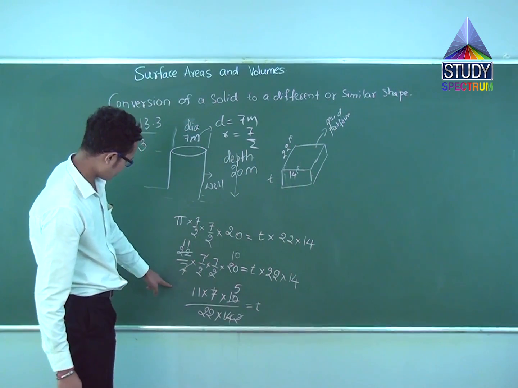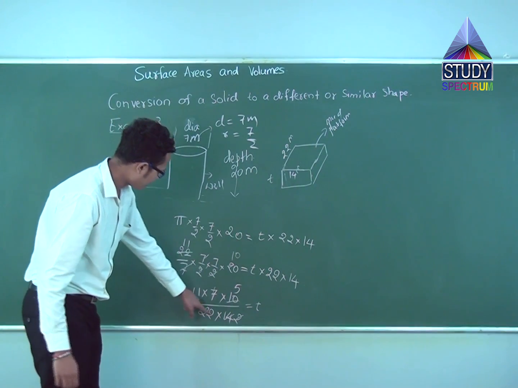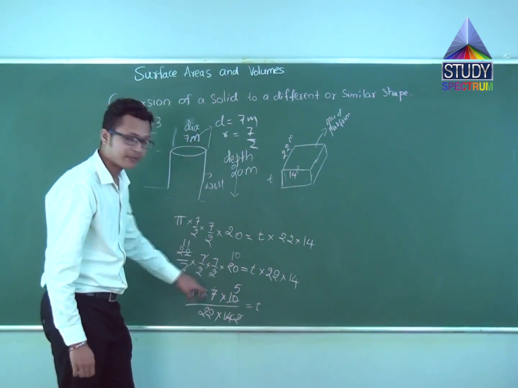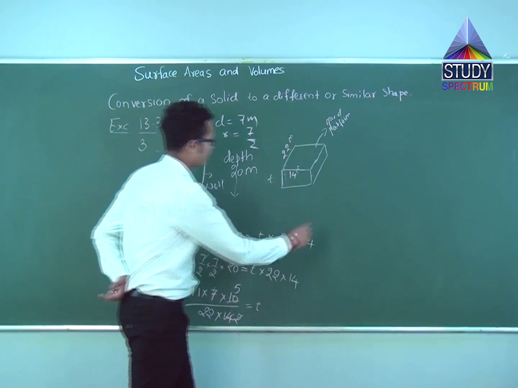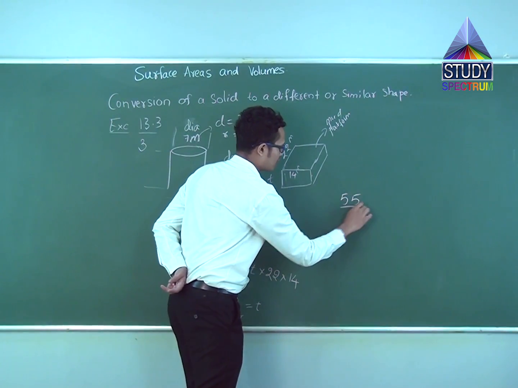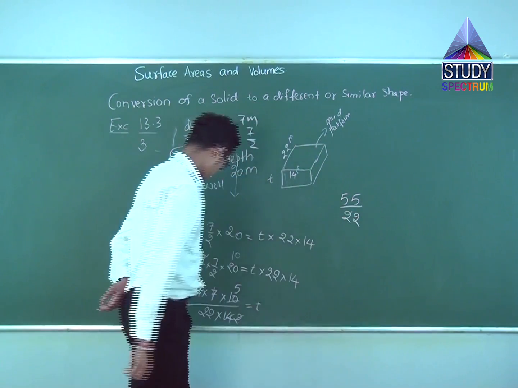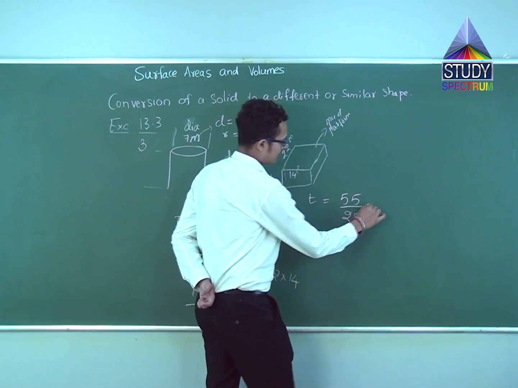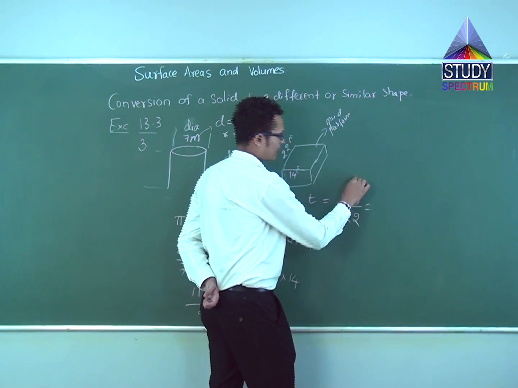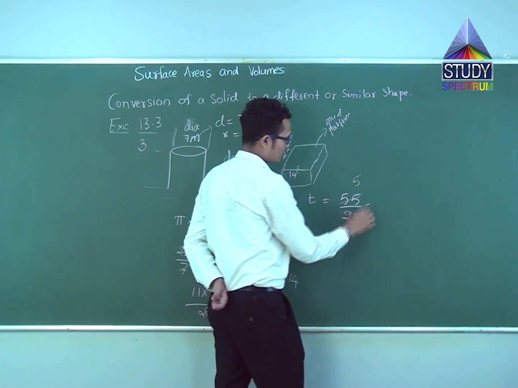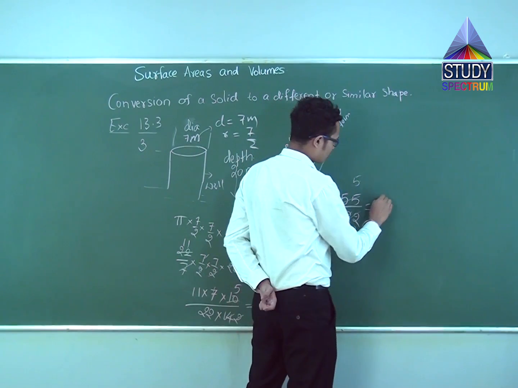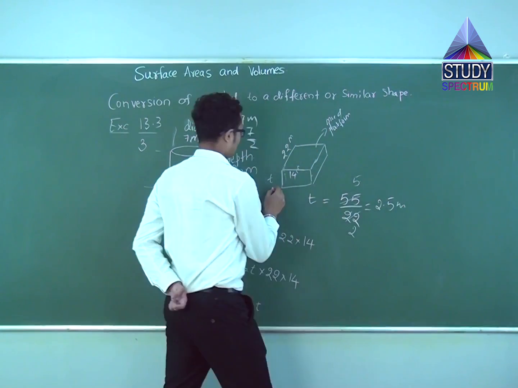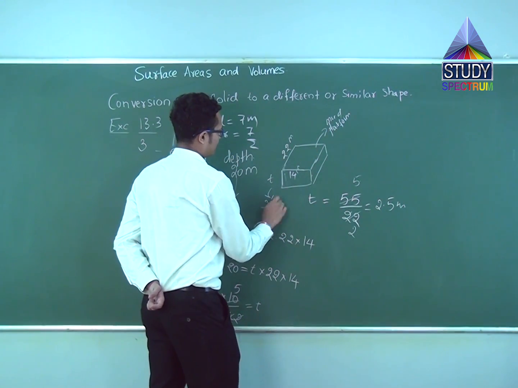So what am I left with? 55 divided by 22. Why 55? The product of 11 and 5 gives me 55. So 55 by 22 is equal to T. Now this is 11 times 5 over 11 times 2. Therefore 5 by 2 is 2.5 meters. This thickness is 2.5 meters.